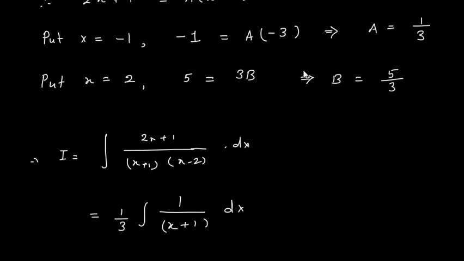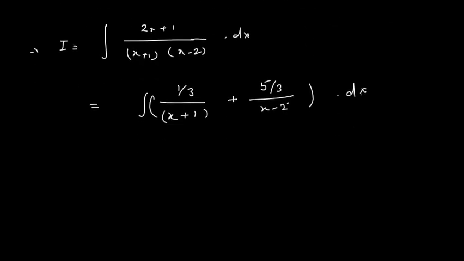Or, what I will do, I will say that this is 1 divided by 3 in the numerator only, and the value of b is 5 divided by 3, so plus 5 divided by 3, and its denominator is x minus 2, this whole into dx.